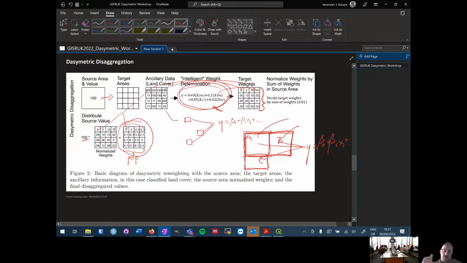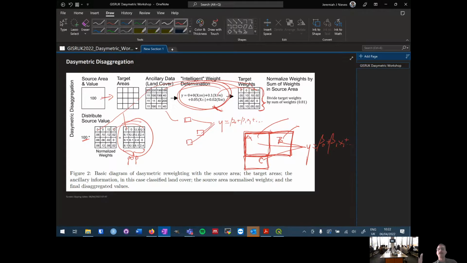There are some rules of thumb that you can go by. If the source area is very spatially different in its resolution from the target area. So for instance, let's say our source area has a square, and it's a 10 kilometer by 10 kilometer square, and our target unit is a 100 meter by 100 meter square.